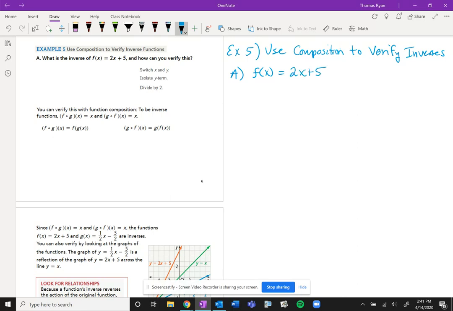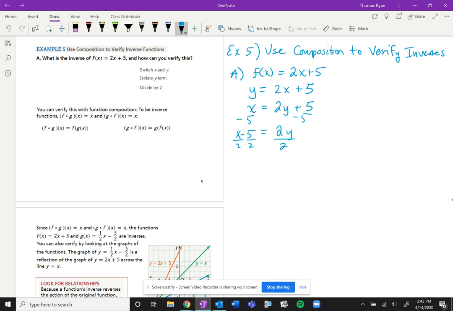So in the example just above this, you guys were like, all right, bring back y, make it y equals again, and then we know that we switch x and y when we talk about inverses, and then as we typically do, we're always looking to solve for y equals.